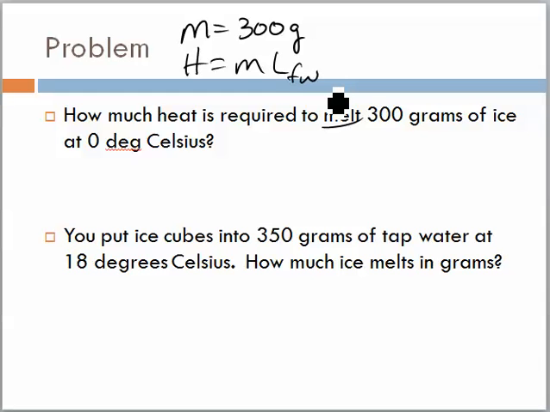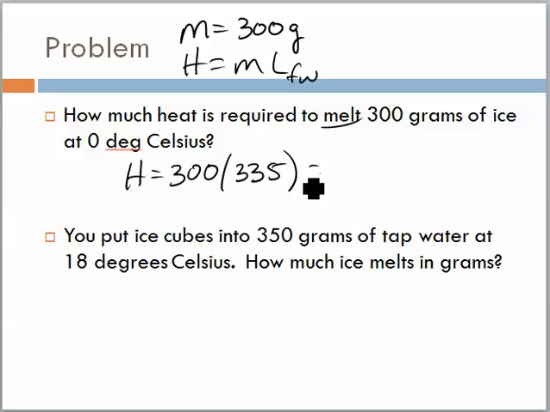And I'm just simply going to plug and chug. The heat that's going to be required is equal to the mass, which is 300 grams, times the specific heat of 335. And when we multiply those, we get 100,500 joules of heat required to melt this 300 grams of ice.